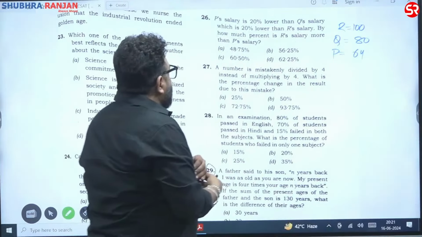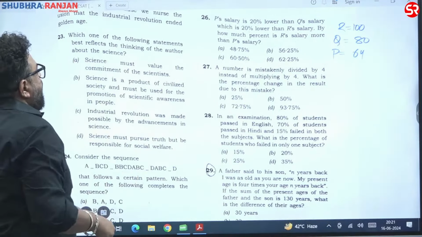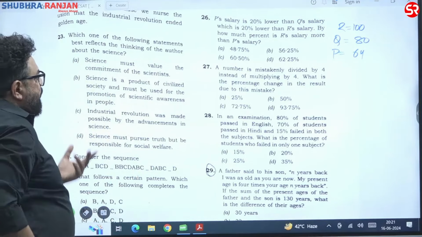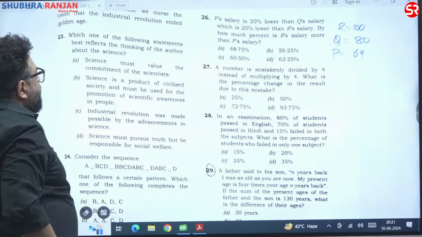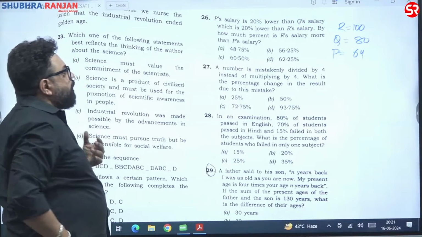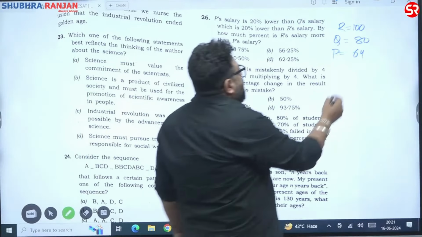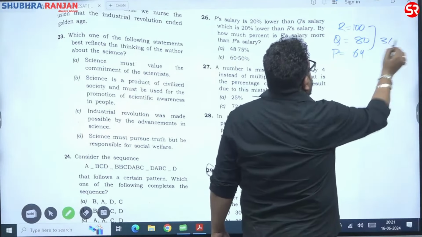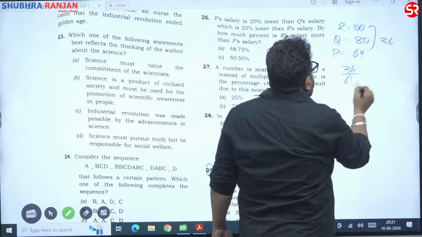By how much percentage is R's salary more than P's salary? So now he is asking you R's salary more than P's salary. So the difference of the two is 36. So percentage change is 36 upon 64.